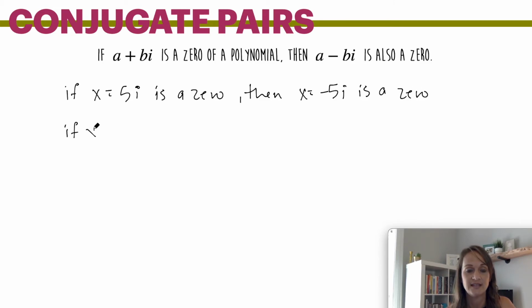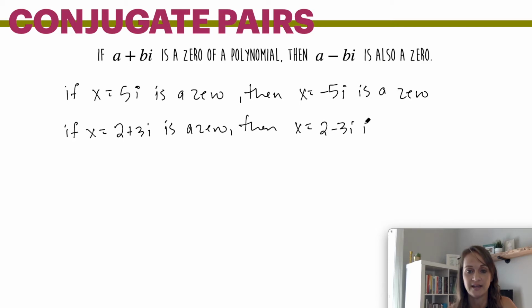If x equals 2 plus 3i is a 0, then x equals 2 minus 3i is also a 0.